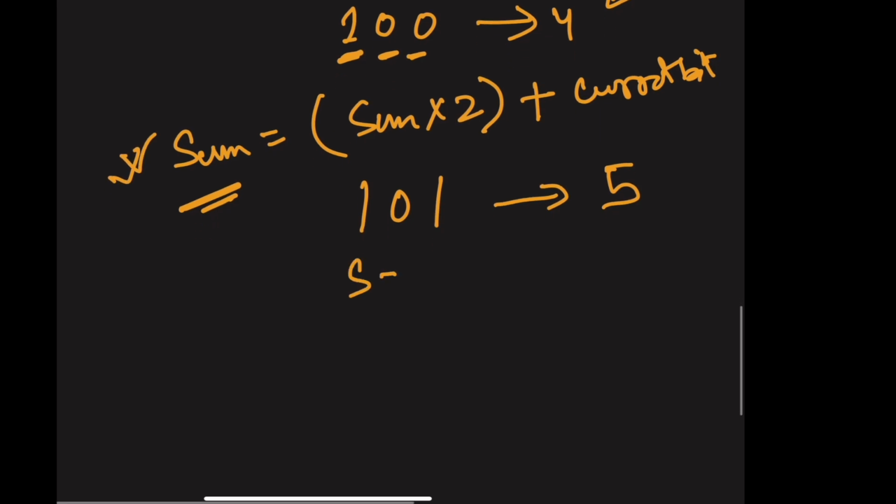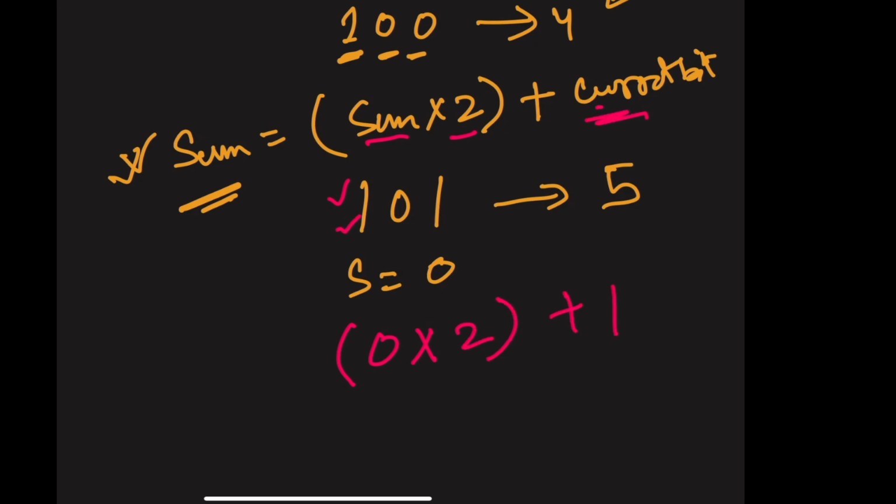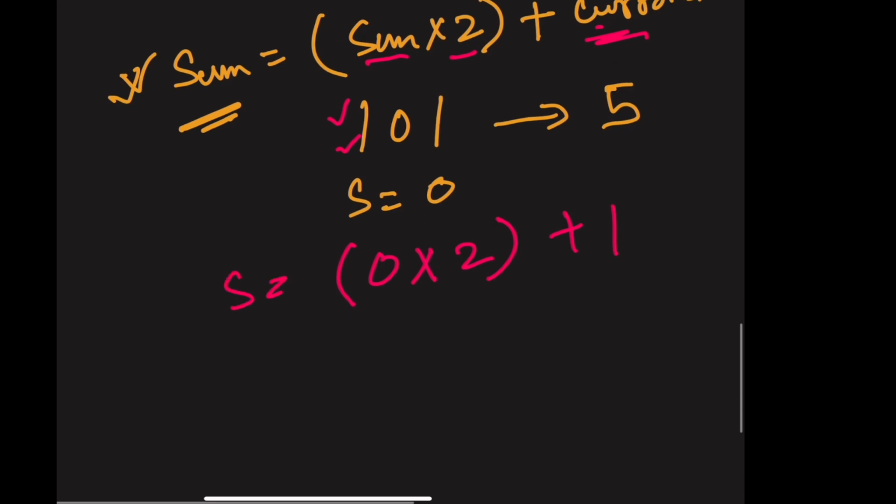Suppose sum is initially equal to 0. Now I'll use this bit. The new sum is our existing sum multiplied by 2 plus our current bit, which is 1. So the sum becomes 0 plus 1, which is 1.